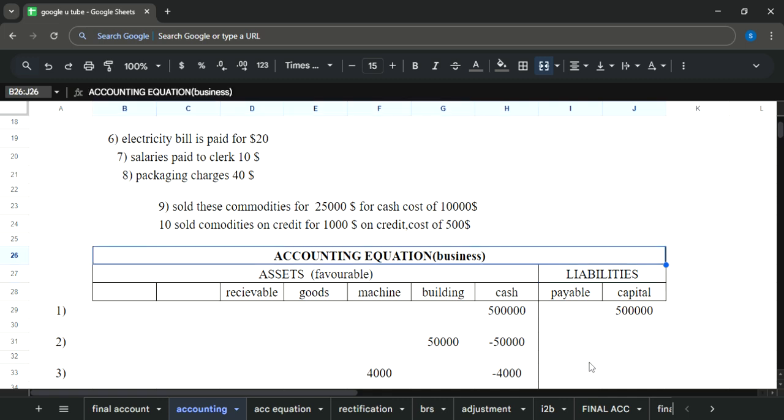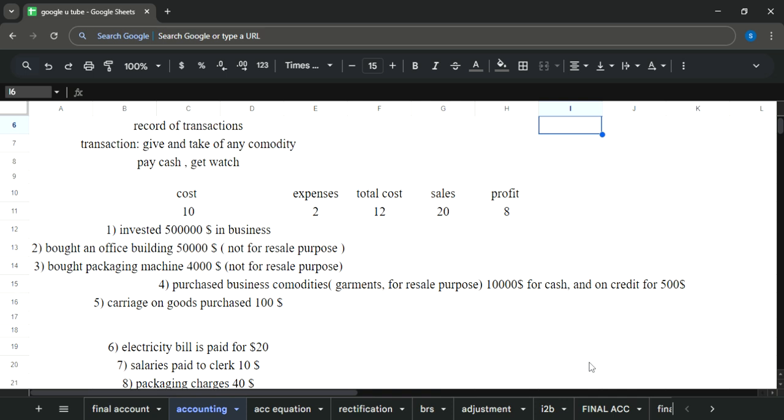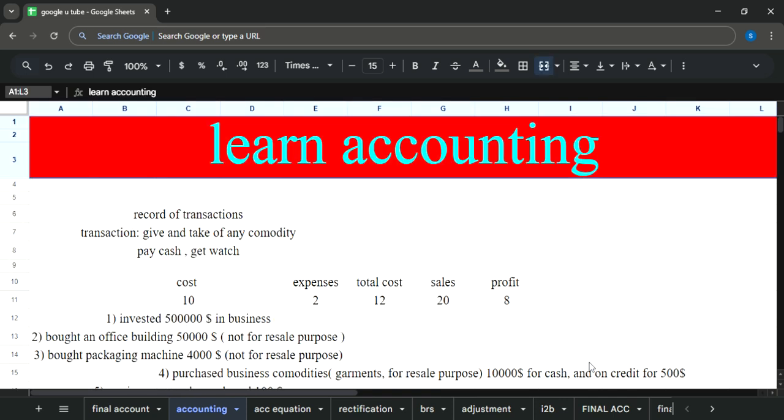Now, what is our target for today's lecture? Basically, we have supposed that we are doing a business. The business is directly related with trading, where we buy any commodity. Suppose the cost of that commodity is 10. We will add some value to that particular product.